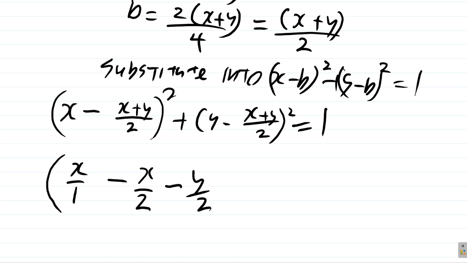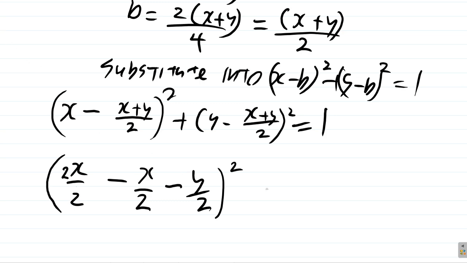Now, this is (x over 1 minus x over 2 minus y over 2) all squared. But this x over 1, we want common denominators, so we multiply the top by 2 and the bottom by 2. So what we have is 2x over 2, right?